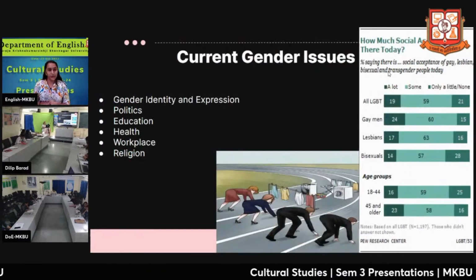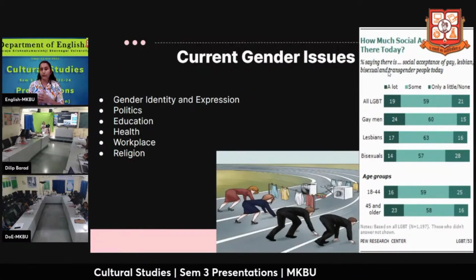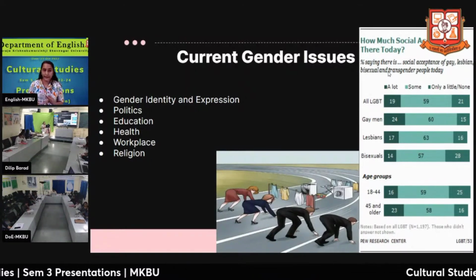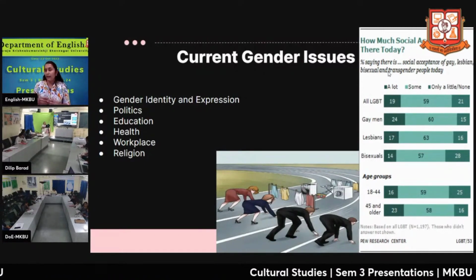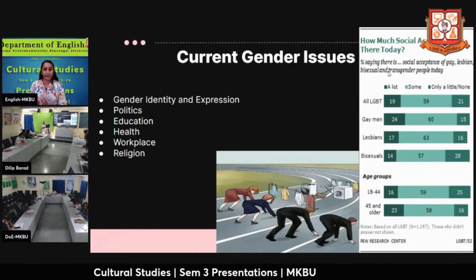Current gender issues: in our contemporary time there are so many gender issues, like gender identity expression, politics, education, health, workplace, and religion. First of all, gender identity expression.